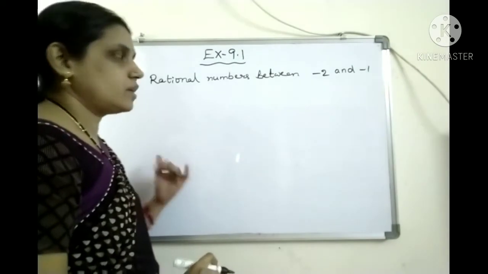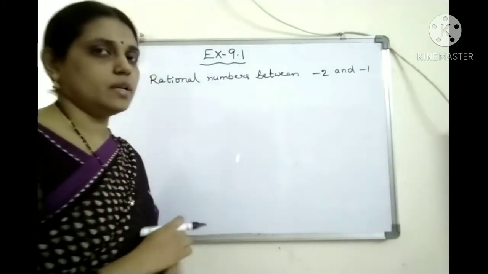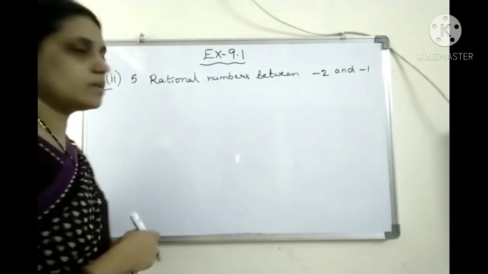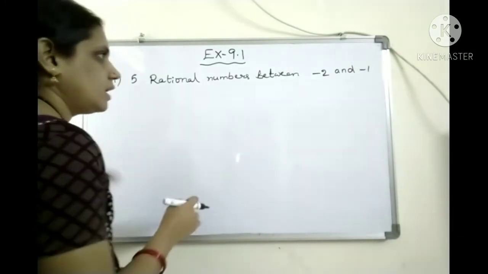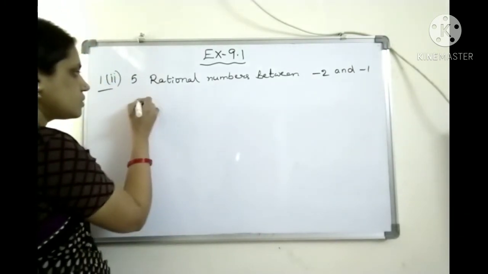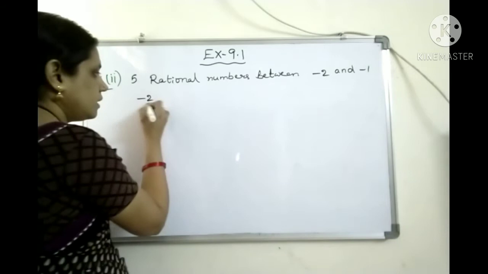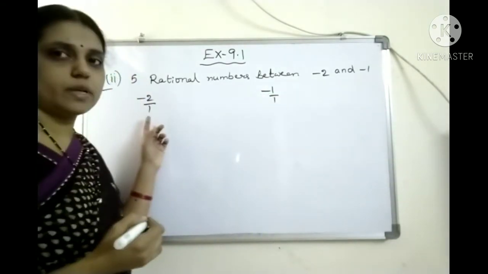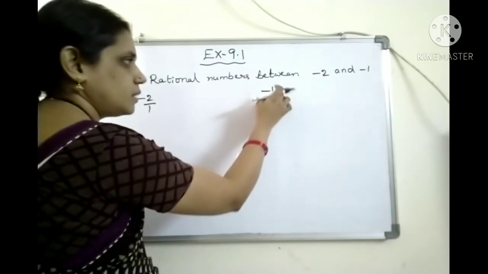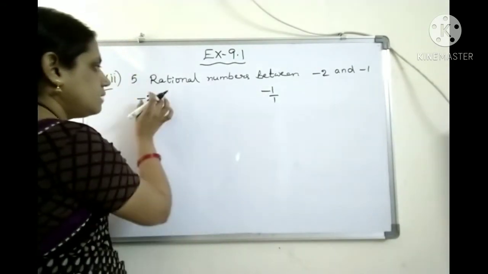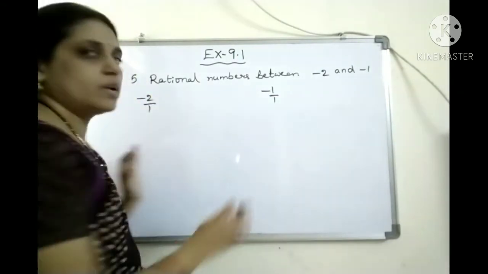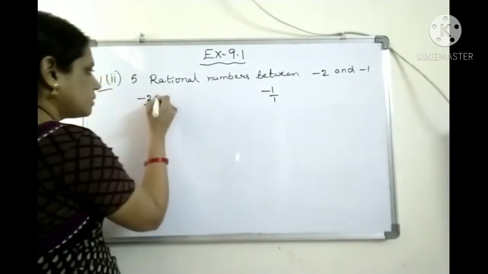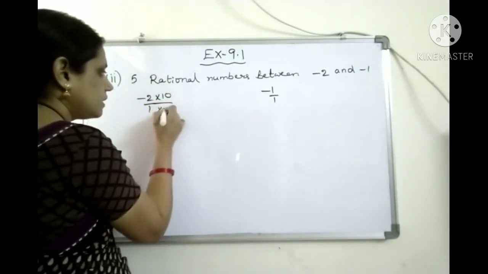5 rational numbers we have to write between -2 and -1. Here also actually any method you can follow. I give two methods. So -2 we can write in the form of -2 by 1 and -1 can be written as -1 by 1. In between -2 and -1 no other integer is there. So it can be multiplied with 10.